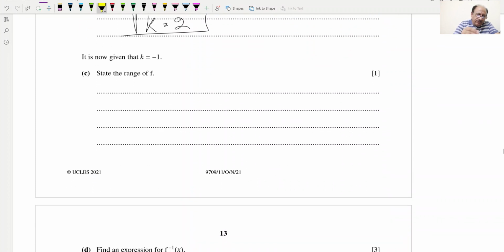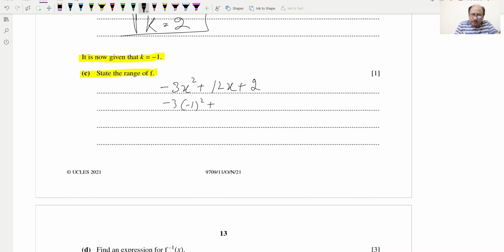And then C part, it is now given that k is equal to minus 1. State the range of f of x. So range of function f. We can write minus 3x squared plus 12x plus 2, and basically we are finding f of minus 1.